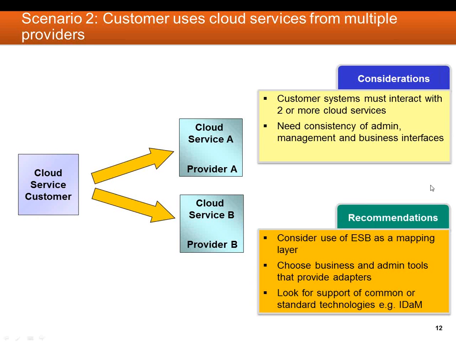And the sort of recommendations we would make in this area is that you should consider using some form of mapping layer where necessary. So off-the-shelf tools that help you do that are enterprise service buses, ESBs, that can help you iron out the differences between what might be provided by provider A and what might be provided by provider B. It may also be wise within the customer business to deliberately choose the tooling you're going to use for business administration management capabilities.